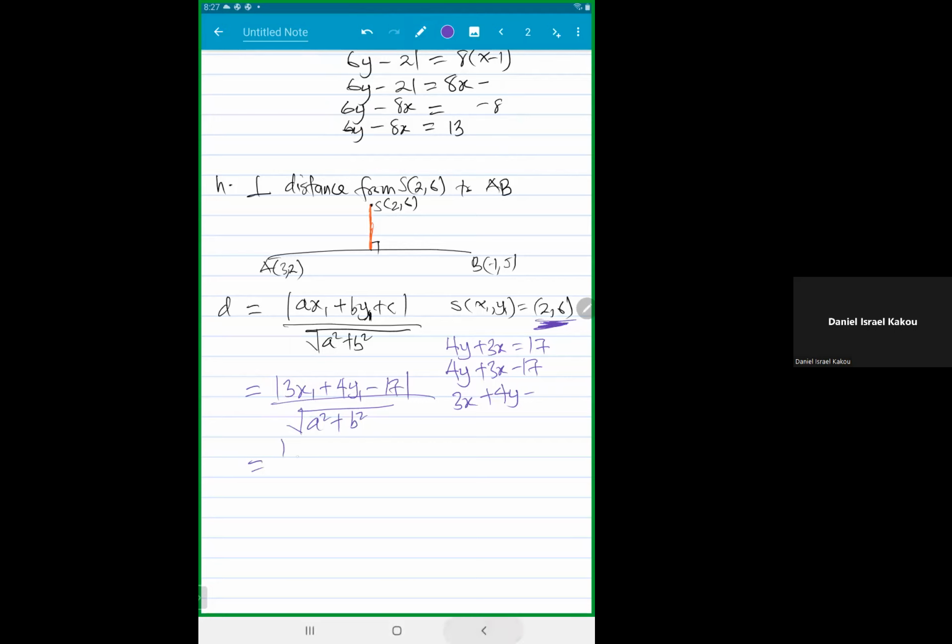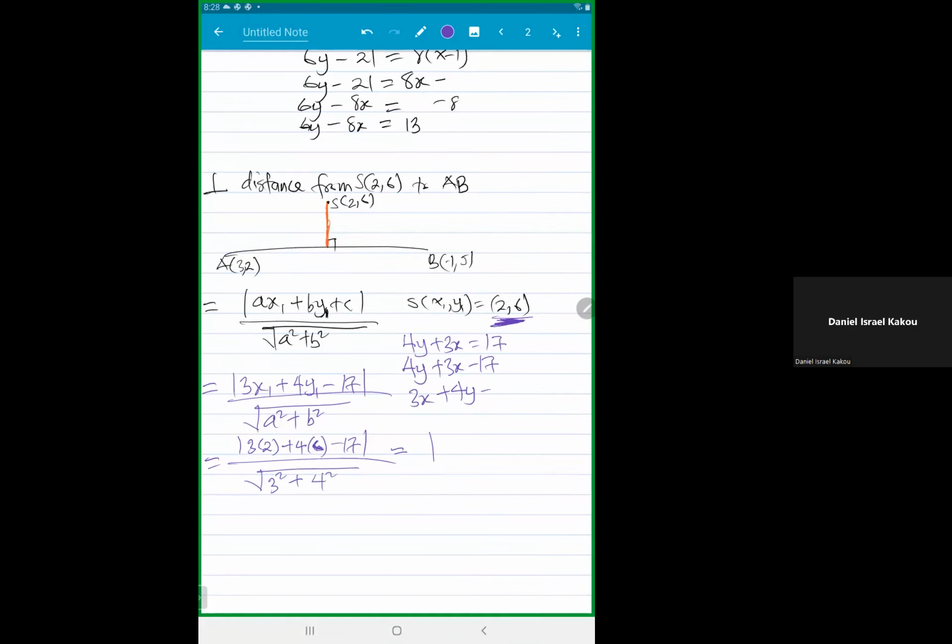So I have absolute of 3 times 2 plus 4 times 6 minus 17 all over the square root of 3 squared plus 4 squared, right? And this is going to be the absolute of 3 times 2 is 6, 4 times 6 is 24, minus 17, and all this divided by the square root of 9 plus 16.